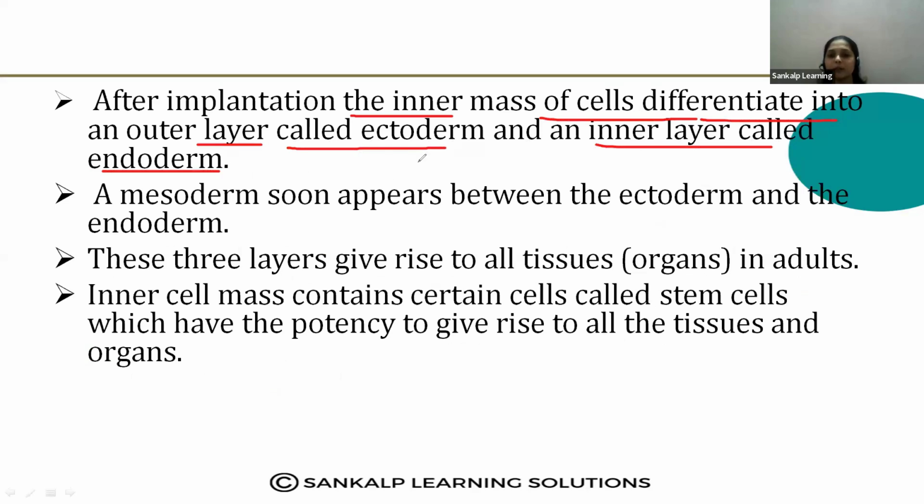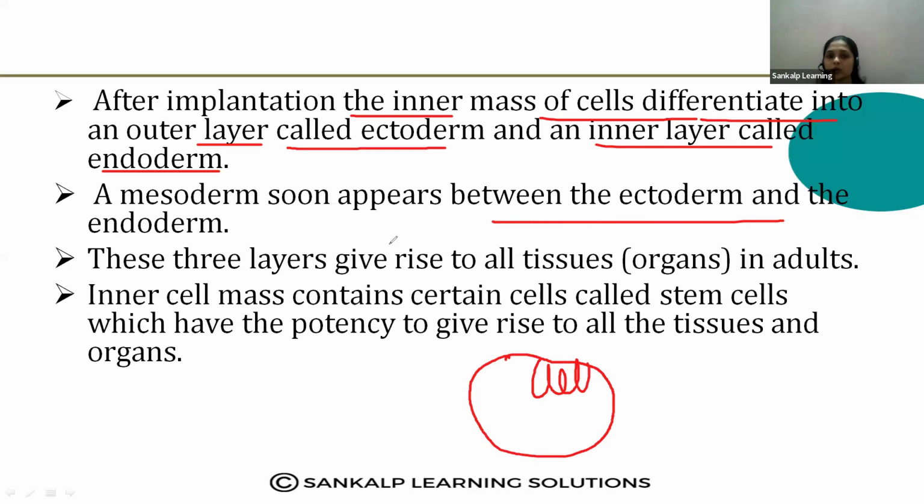After implantation, the inner cell mass develops into ectoderm and endoderm, and mesoderm soon appears between the ectoderm and endoderm. So the inner cell mass develops into ectoderm, endoderm and mesoderm. Then these three layers give rise to all tissues in the adult.